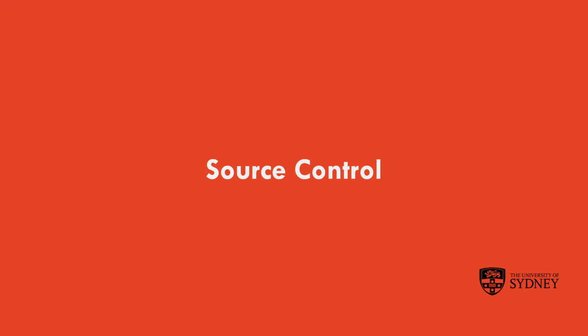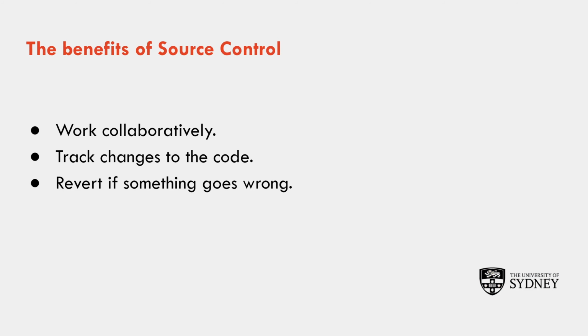The next thing we're going to be looking at is called source control. Source control is a really useful thing for programmers or people developing projects with code, because it allows you to save changes at certain points in time to your code. This has quite a few benefits.